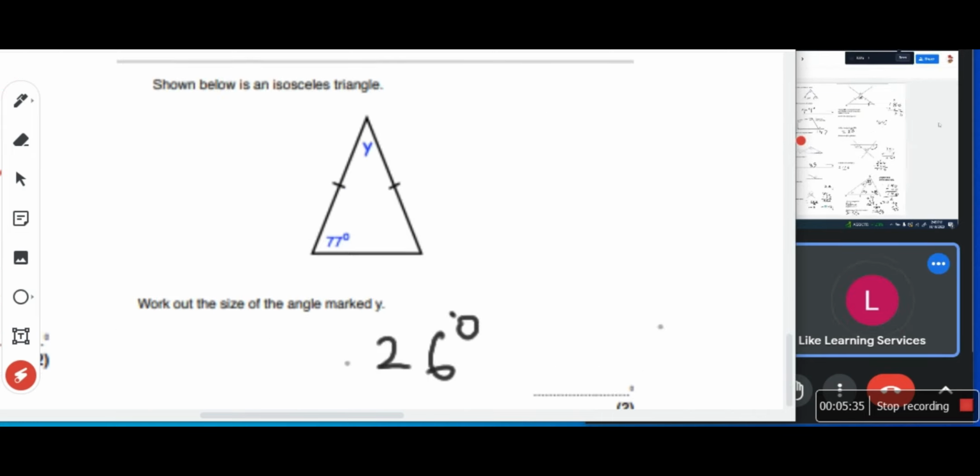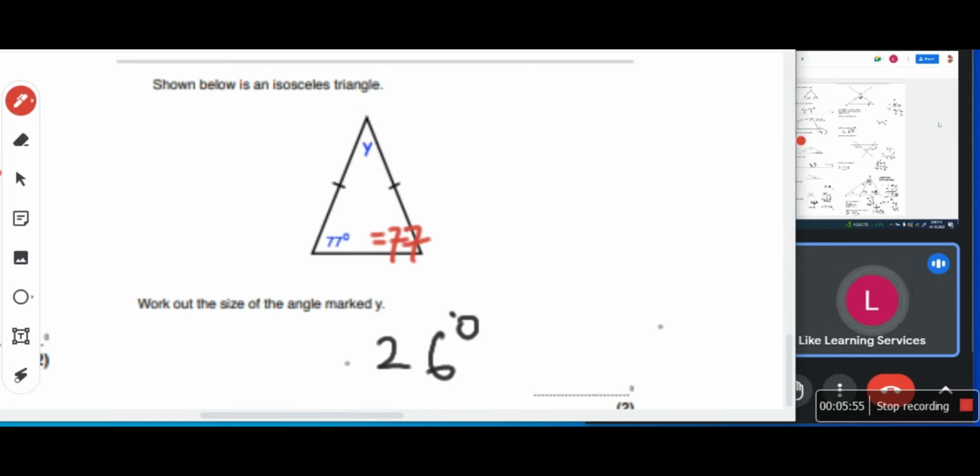Okay, for this one, whenever you see this is an isosceles triangle, the base angles are equal. This must be equal to this. So this place is also 77. So to get y is the remaining one.